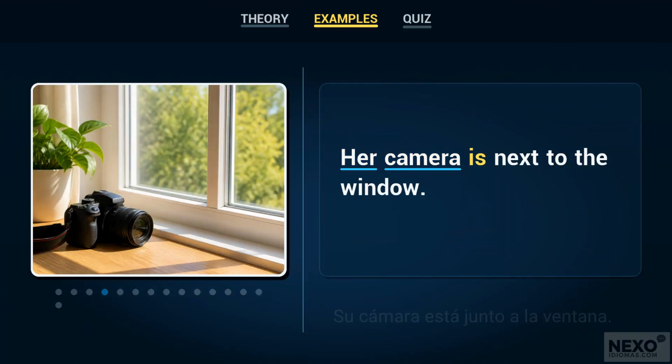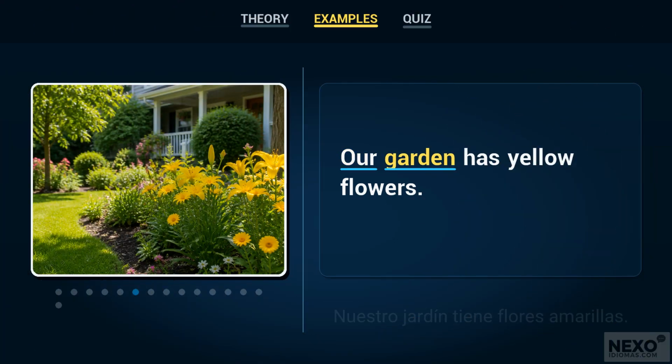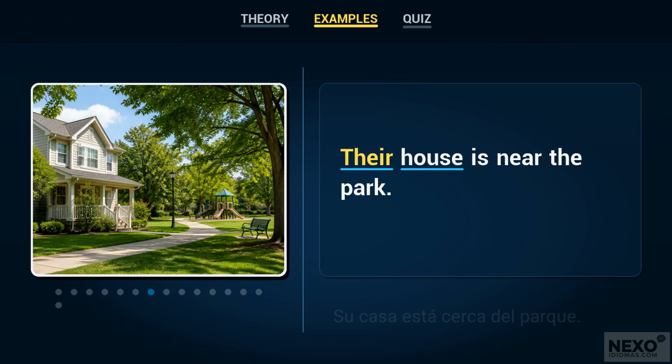Her camera is next to the window. Its tail is very long. Our garden has yellow flowers. Their house is near the park.